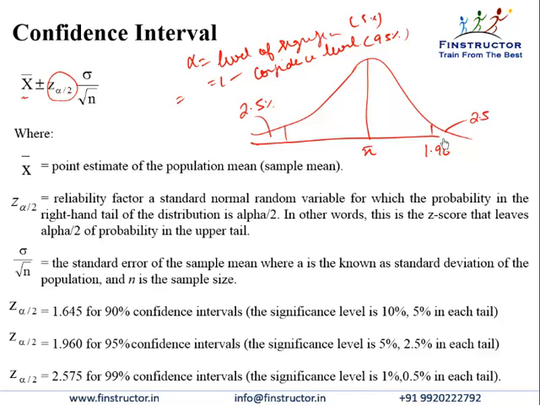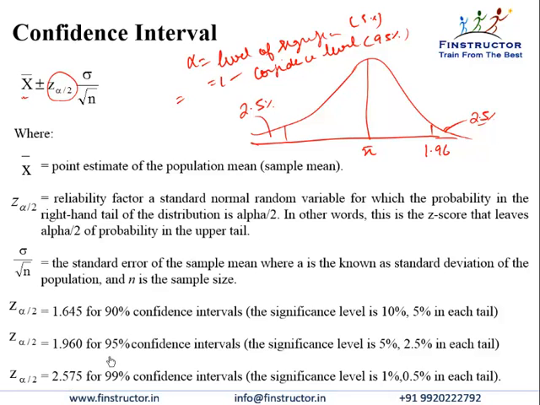So Z alpha by 2 implies I'm leaving 2.5%. If 5% is the level of significance, then 2.5% I have to leave on this side, and 2.5% I leave on the left hand side. So 95% of the times the values will lie within x̄ minus 1.96 into sigma by root n and x̄ plus 1.96 into sigma by root n.